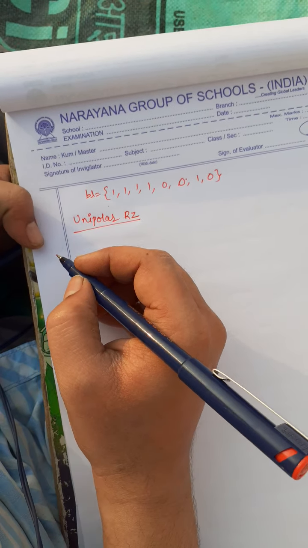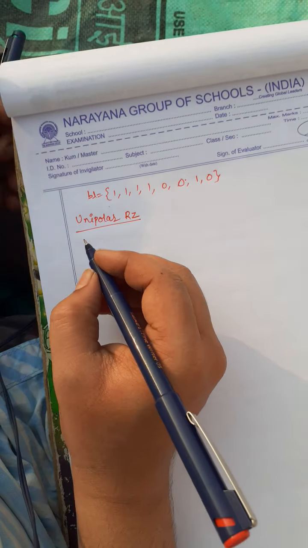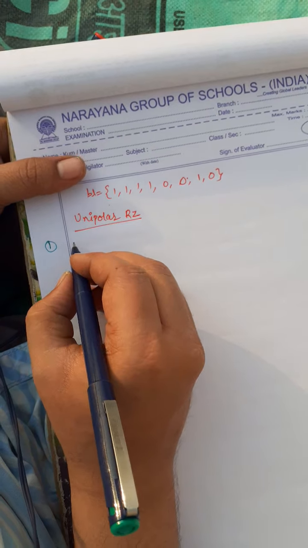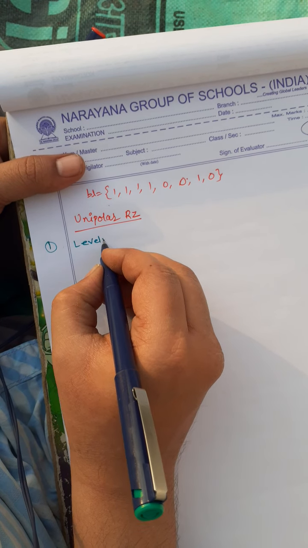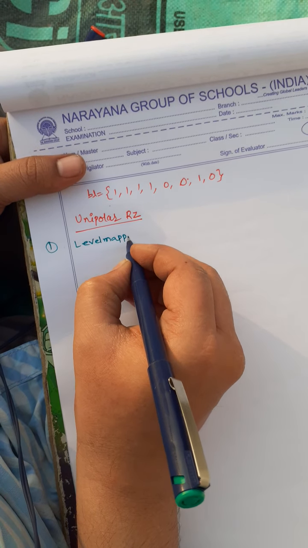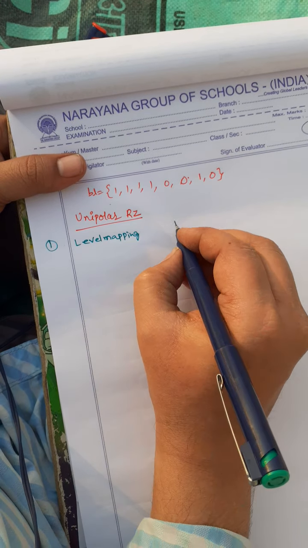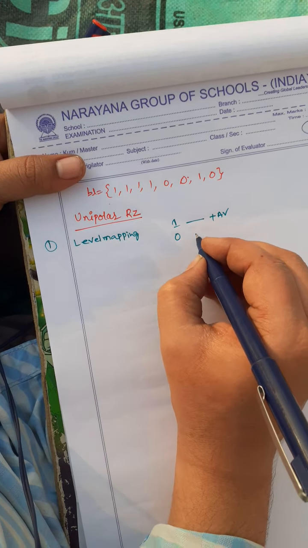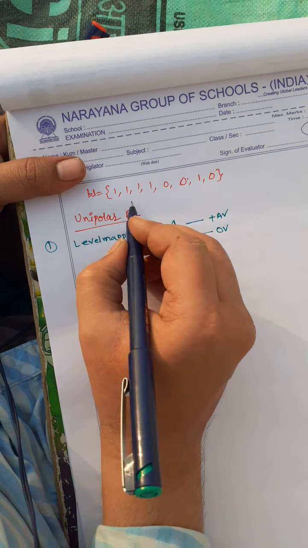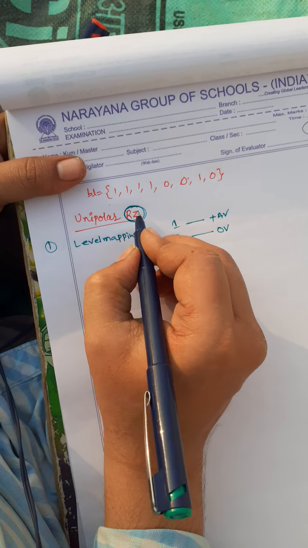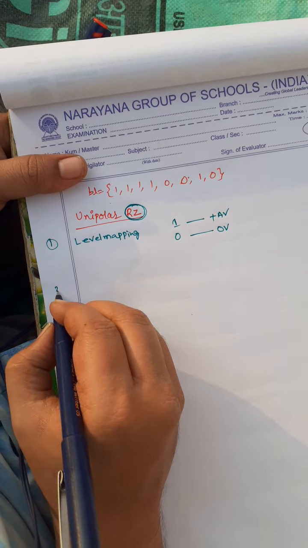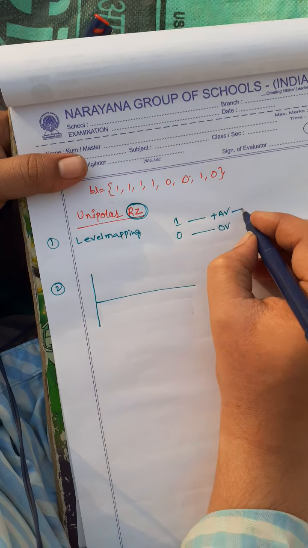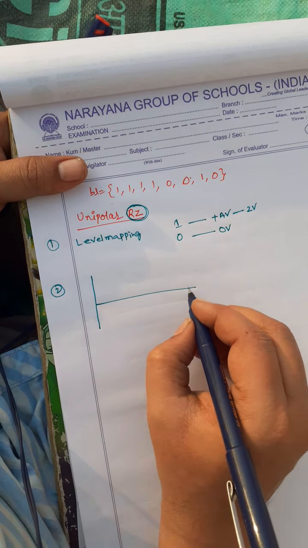So in unipolar RZ, the step 1 is level mapping. Bit 1 will be represented with plus A volts, bit 0 will be represented with 0 volts, and available pulse is RZ. Step 2. Here A volts is 2 volts, right?